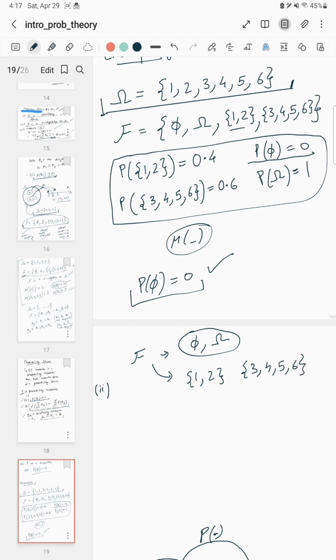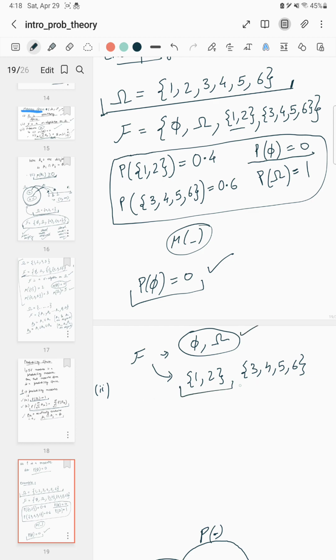So the probability of phi union omega is equal to 1, and this is equal to P of phi plus P of omega, as this is defined as 0 and this is defined as 1.